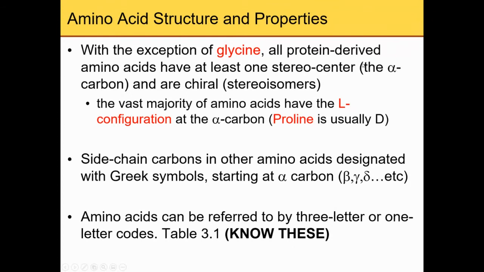The center is the alpha carbon, which is chiral. The vast majority of amino acids have the L configuration at the alpha carbon, and the protein is usually L. So that's basically the general property of amino acids.